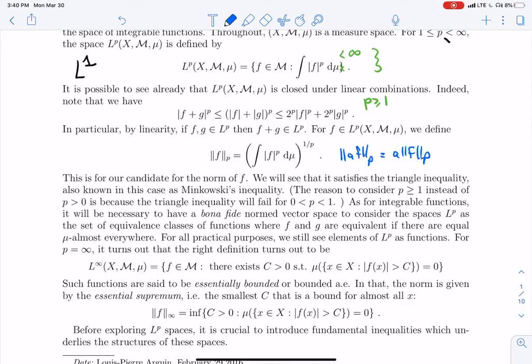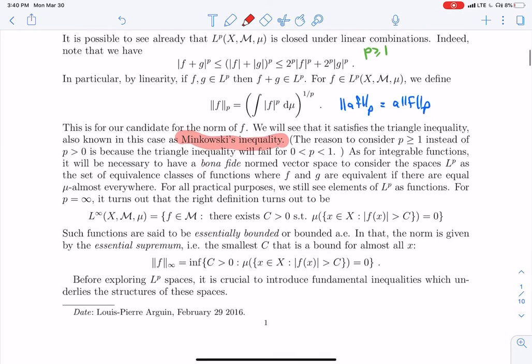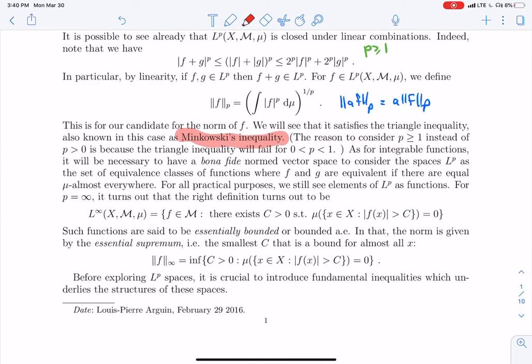A norm should behave this way, and we should have a triangle inequality. We don't have a triangle inequality either if p is smaller than 1. So that's another reason why we don't take these. The triangle inequality we'll see a bit further down. This is called the Minkowski inequality in the case of LP spaces.